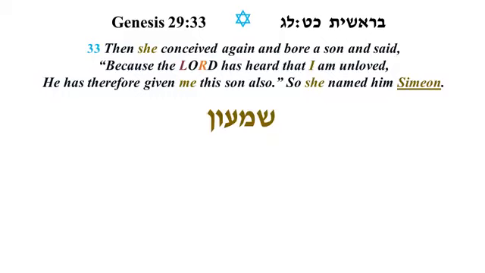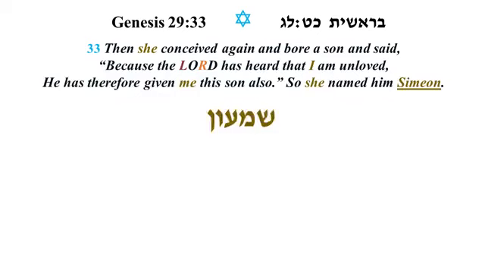Okay, let's go. Another ayin is in Genesis 29:33. This is Jacob's wife, Leah. Then she conceived again and bore a son and said, because Yahweh has heard that I am unloved, he has therefore given me this son also. So she named him Shimeon, which in Christian churches we call Simeon.